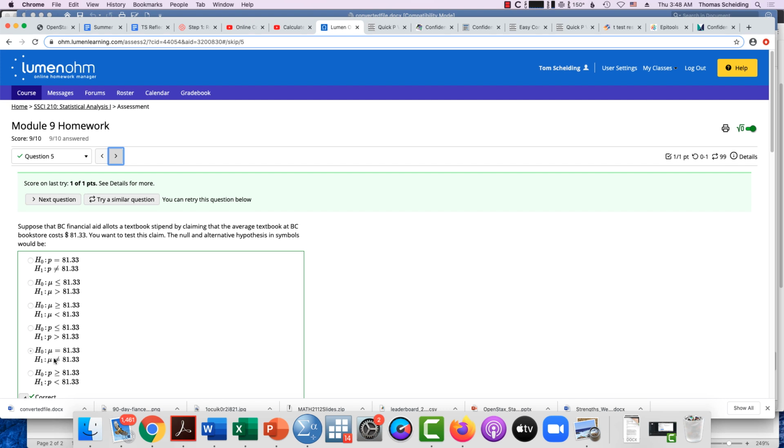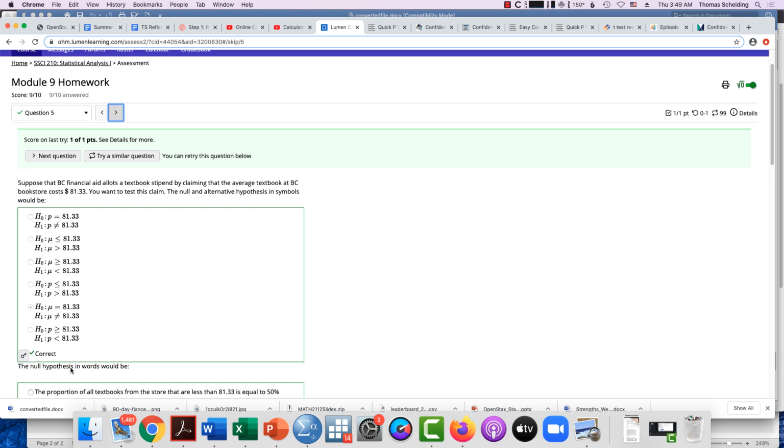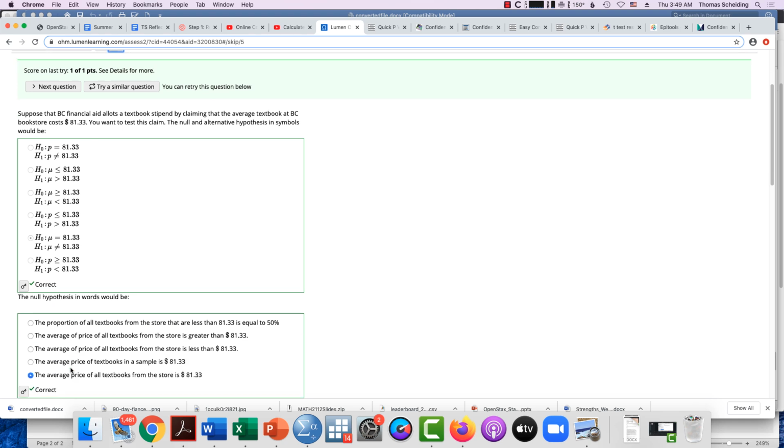So it's either that it's equal to 81.33, or others saying no, it's not. They're not saying it's cheaper or it's more expensive. They're just saying it's not. And that's why here it says the average price of all textbooks, not proportion, not sample, but all books in the store. And it's not the tails, all textbooks.